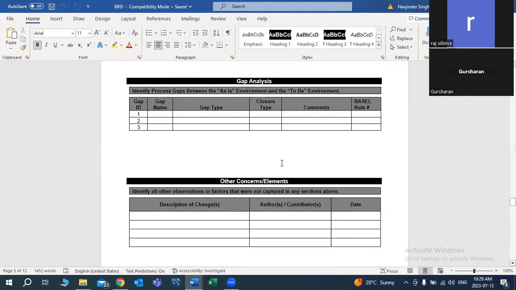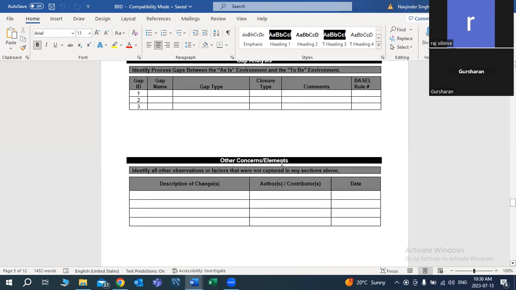This gap analysis can be of anything. For example, it could be a functional gap, a non-functional gap, or something relating to the security aspects of the application. That gap analysis you have to mention here. Once you prepare those two diagrams of as-is and to-be, the transformation from as-is to to-be is called gap analysis.